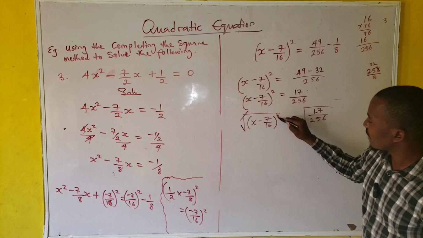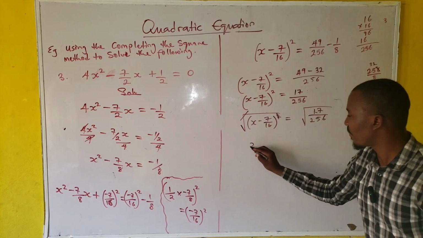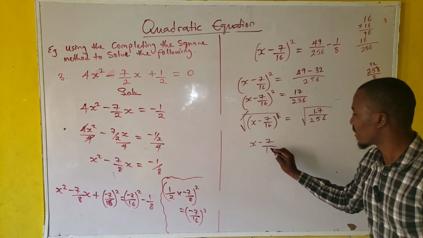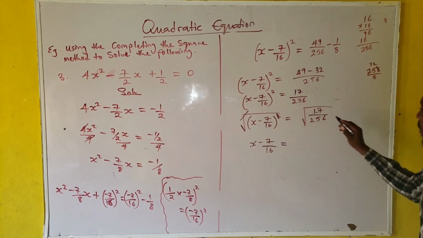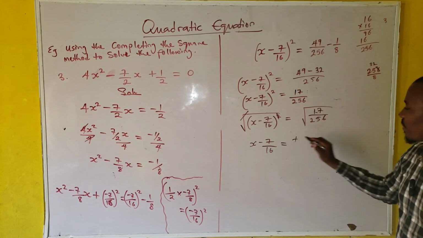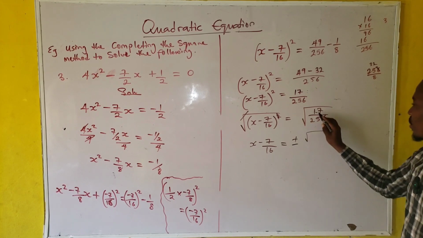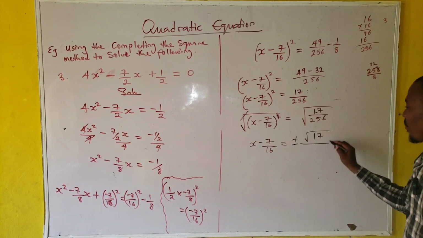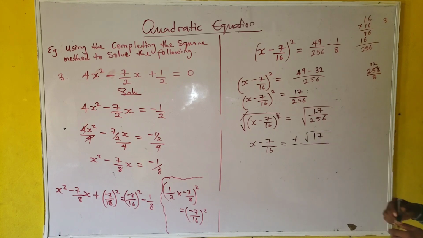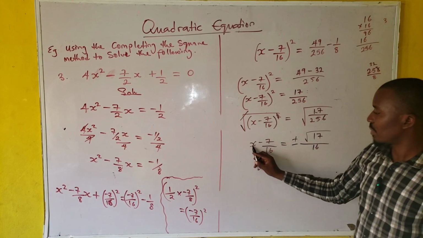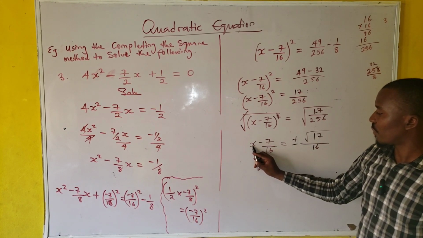The square root and the square will go. I will have x minus 7 over 16 equal to, when you take the square root, you have plus or minus the square root of 17, which will remain, over the down part, which is 256. The square root of 256 will give us 16. So I have 16 here. The next thing is to solve for x.